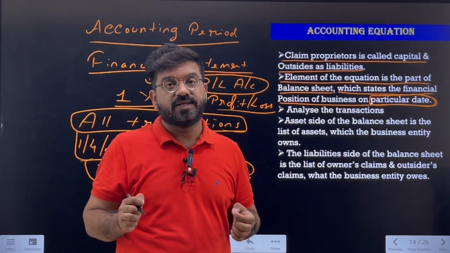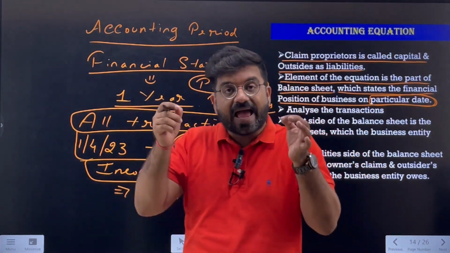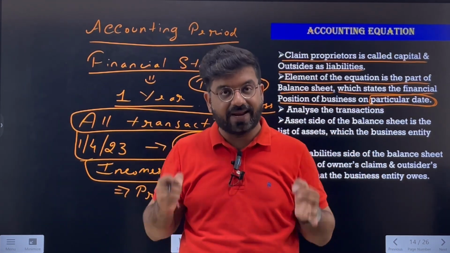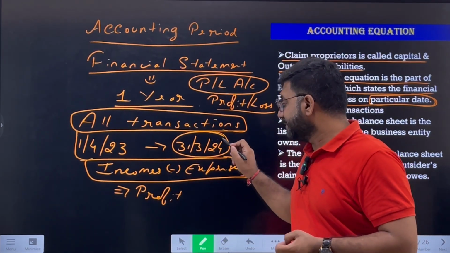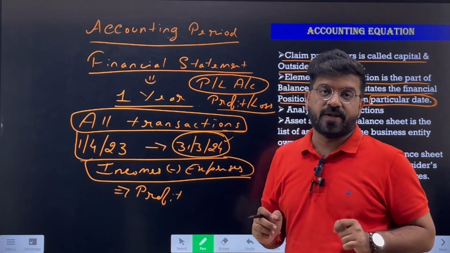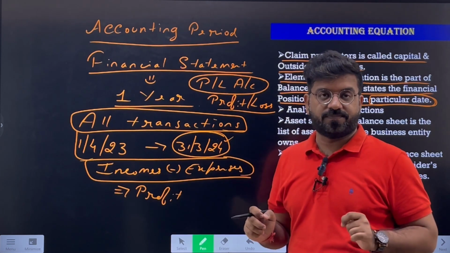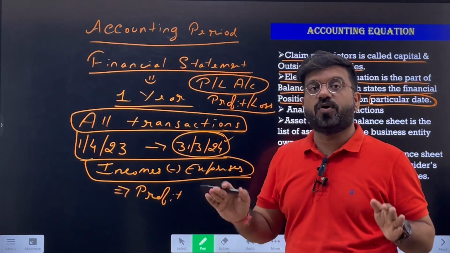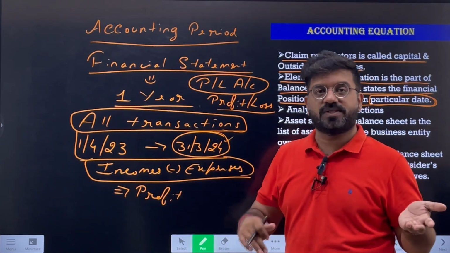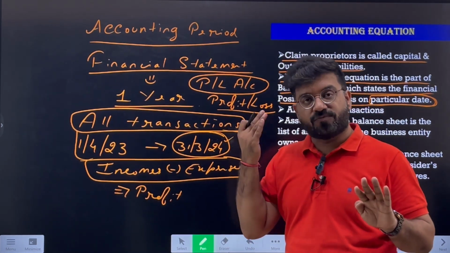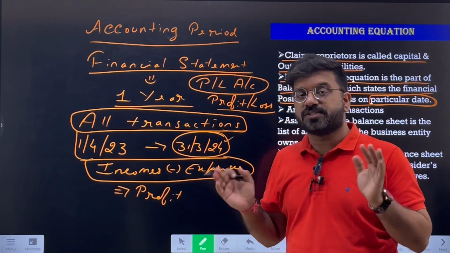But the balance sheet is prepared on 31st March, and all the assets and all the liabilities as on that date are recorded. It is never for a period of time, because in a period of time you must have purchased and sold assets, depending upon their usage.